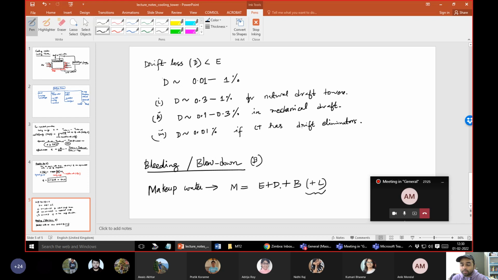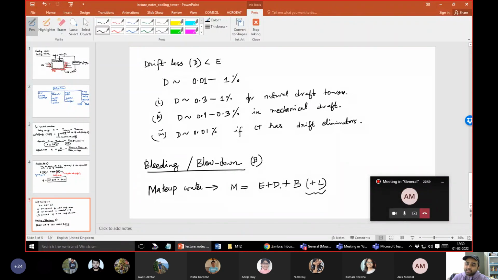So you can do a bleeding at least 3-4 times, right? But after some point of time it is not possible to bleed out and add makeup water. The concentration becomes so high that you have to stop. You have to take out all the water and restart again with fresh water altogether. And in that process you can also do some cleaning of the surfaces of the equipment over which some scales may have formed.